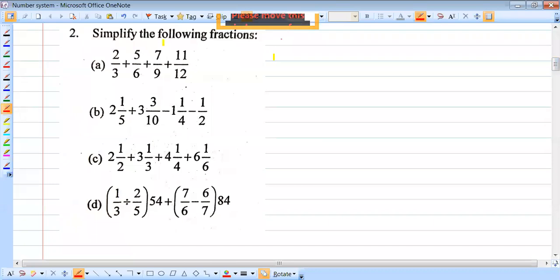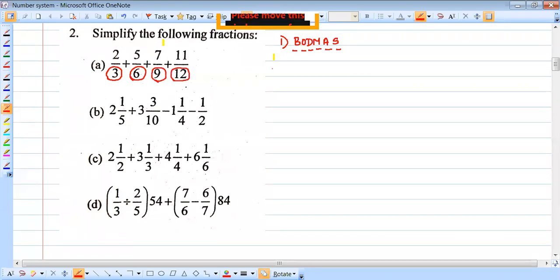See, everyone knows about the BODMAS rule. Bracket, of, division, multiplication, addition and subtraction. First, everyone see the first question. 3, 6, 9 and 12.